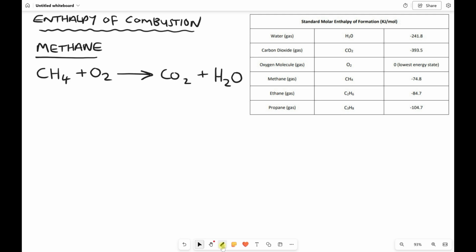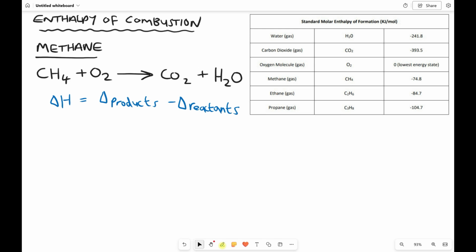So the next thing we need to consider then, if these are enthalpy of formation values, is how we determine the enthalpy of combustion. Well, we have a general equation here, and the general equation for the reaction is that the change in enthalpy, delta H, is the enthalpy of the products minus the enthalpy of our reactants.